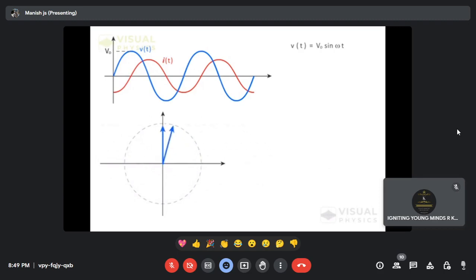Then it reaches a maximum value, with polarity in one direction, decreases back to 0, and then reaches a maximum value, with reverse polarity, and so on.